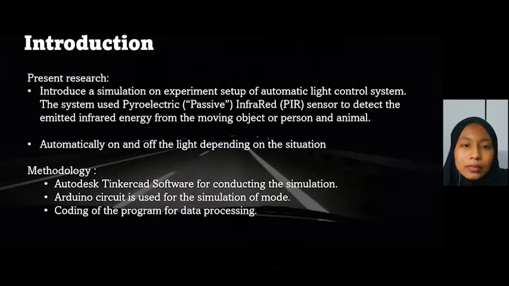An Arduino circuit is also used, and we are also conducting the coding of the program for the data processing for the simulation to run. So that's all for the introduction of the automatic light system and an overview of our present research. Thank you. I will pass to the next presenter.